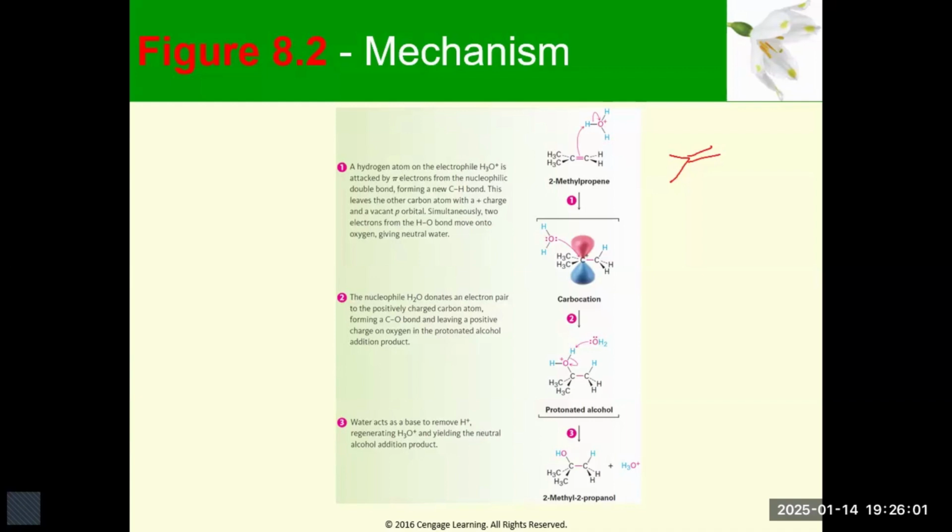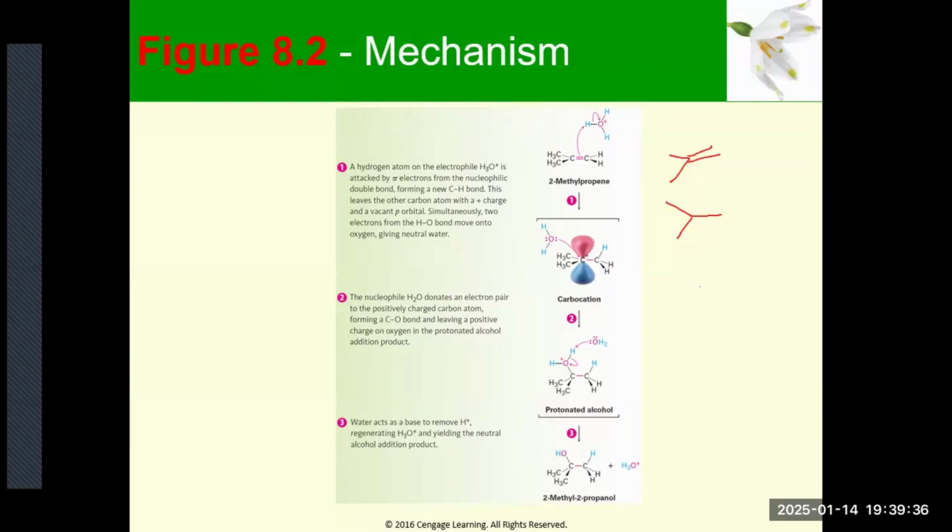If I have a double bond here, let's use different colors. So I have a double bond here. Let's say that the double bond breaks. Now the carbocation has to be formed on one side of this double bond, and then a hydrogen has to be added on the other side.